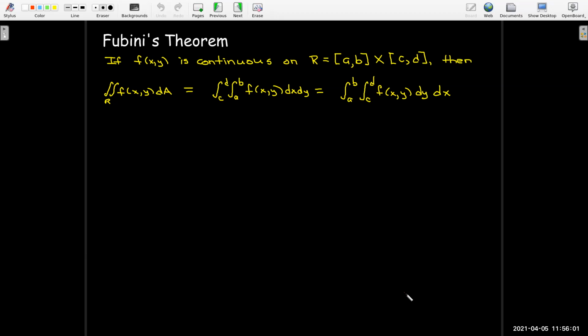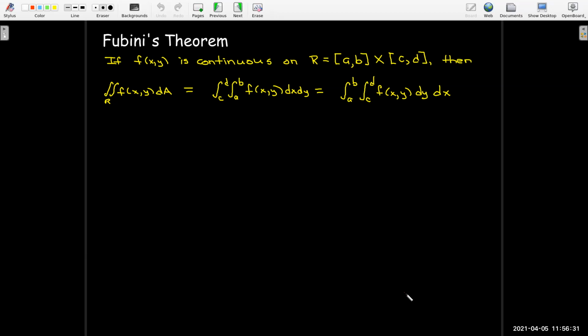In fact, we have this theorem by Fubini, which tells us that when we're talking about a rectangular region, it really doesn't matter if you have a continuous function on the rectangular region. And in fact, you can even have certain types of jump discontinuities or removable discontinuities, and this will still be true.